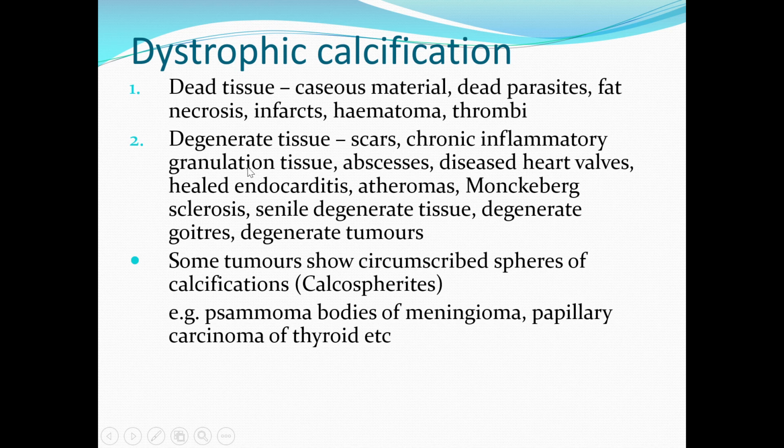So dead and degenerated tissue make the base for it. Some tumors also show circumscribed spheres of calcification, known as calcospherites. Examples are psammoma bodies of meningioma and papillary carcinoma of thyroid.